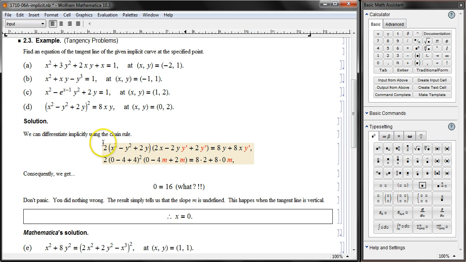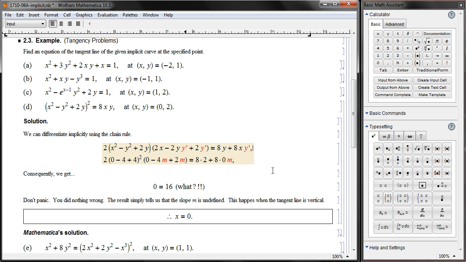Two comes out, inside stays the same, good. And we multiply the derivative of the inside. x squared becomes 2x, fine. Negative y squared, negative 2y, y prime, good. 2y becomes 2y prime. The right hand side, 8xy, that's going to be a product rule. So we have that.